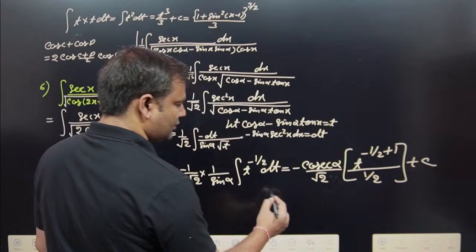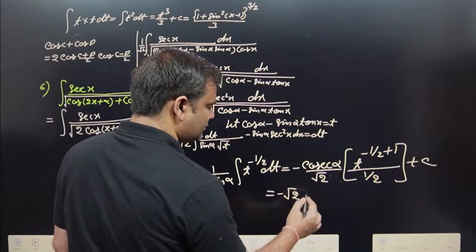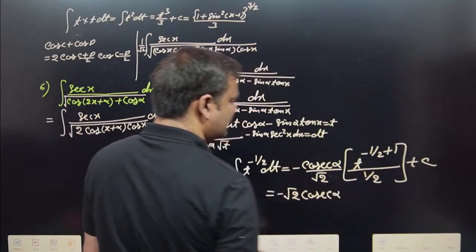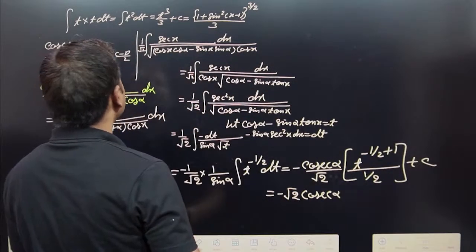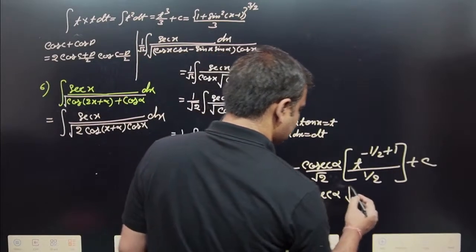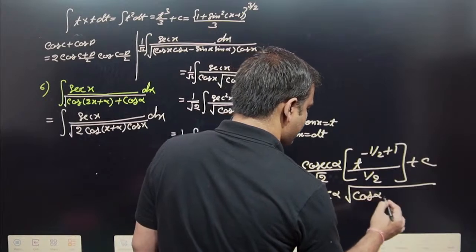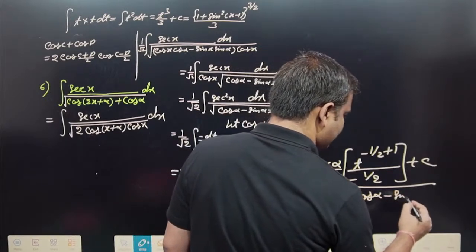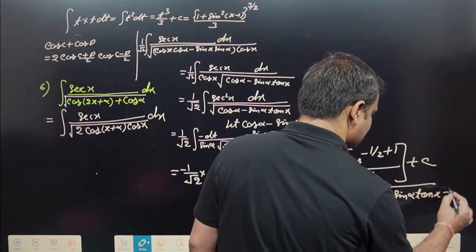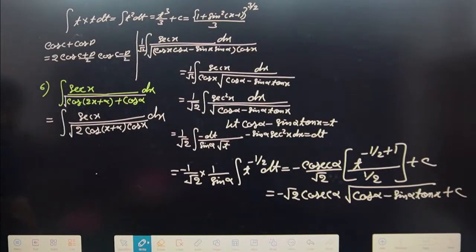So 2 upon root 2 into cosec alpha, and here root t. Basically, under root t, that is cos alpha minus sin alpha into tan x, plus c is the right answer. Okay, that is the right answer.